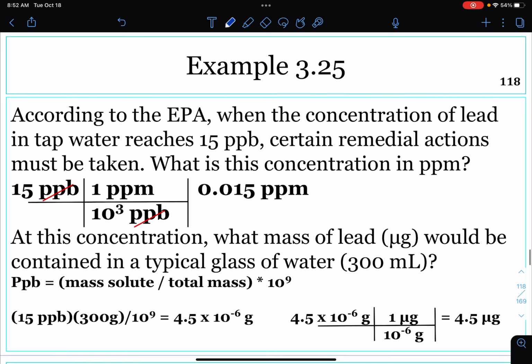If we rearrange and plug in our numbers, we get this: 4.5 times 10 to the negative 6 grams of lead are in the 300 gram sample of water when the concentration is 15 parts per billion of lead. The problem asked us to convert to micrograms, which gives us 4.5 micrograms. The little funky U symbol is our prefix or symbol for micro. So there are 4.5 micrograms of lead is the amount that we'd find in that 300 grams of water.